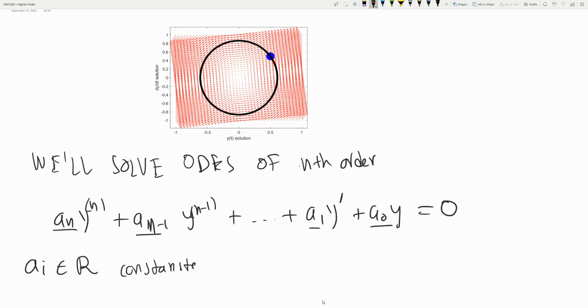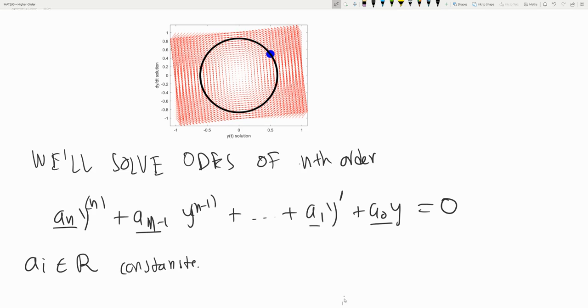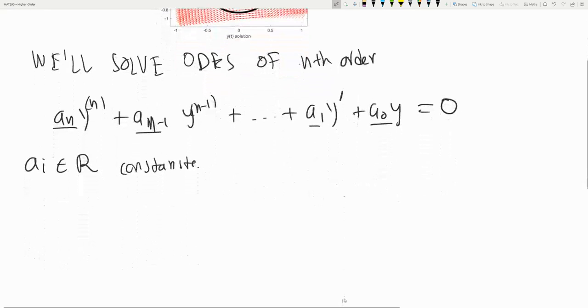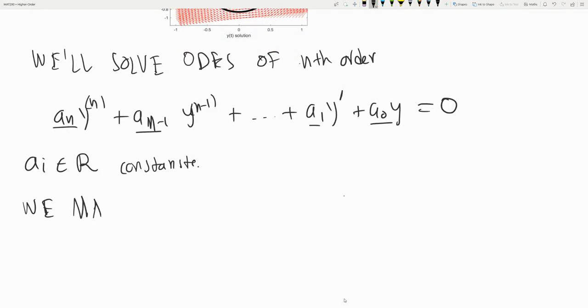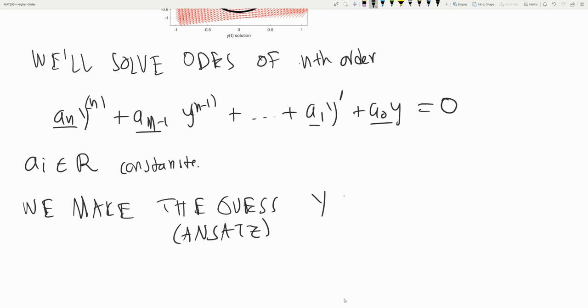Okay. So we make the guess, also called the ansatz, y equals e to the rt for r in the complex numbers.